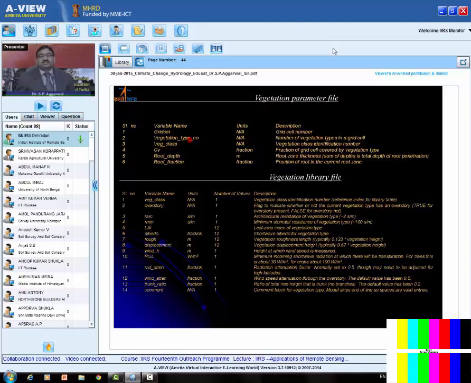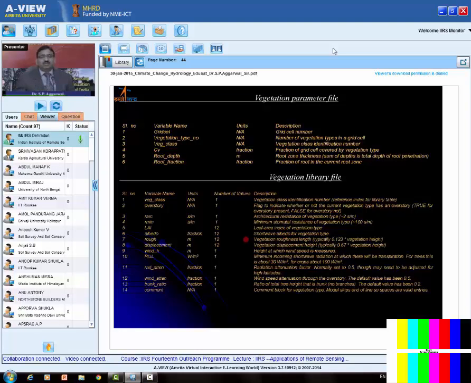Vegetation parameter file: it consists of what fraction of vegetation is there, and what fraction of water is there in a pixel. So it considers subgrid variability. It estimates water balance, including the fraction of bare soil. It calculates the final water balance of a pixel, then routes to the outlet.